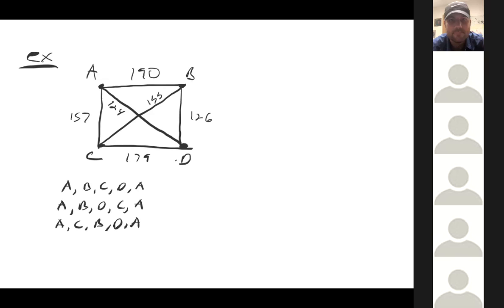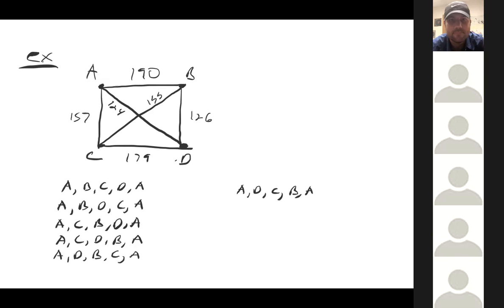I'm just listing all the ones from the previous 6 we found, and then A, C, D, B, A, and then A, D, B, C, A. And I'm out of room, so I'll scroll over. The last one is A, D, C, B, A.